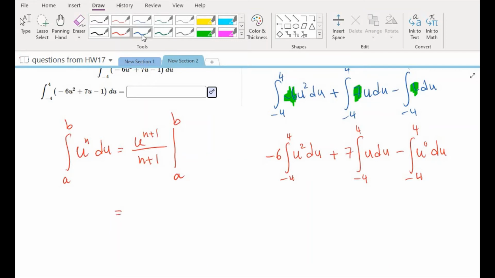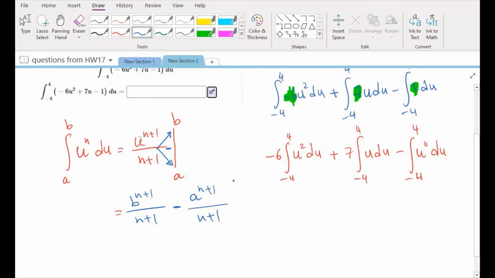Meaning, you're going to find first the value of the answer at b, that is b to the n plus 1 over n plus 1, and then you subtract the value of the answer at a, so a to the n plus 1 over n plus 1. So first you replace u with b, and then you say minus, replace u with a, and that will be the final answer. And that's what I'm going to do here.